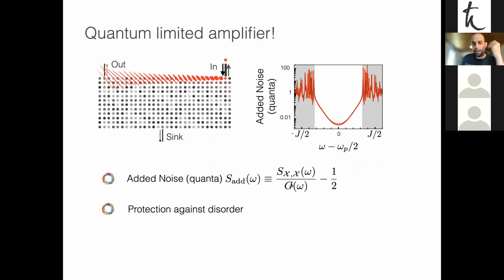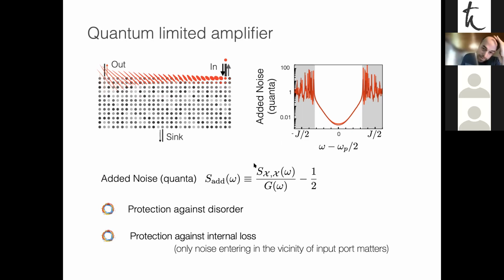If I divide by the gain and subtract the zero-point fluctuation, I get what I add, and this added noise can be as small as zero. In my case, the added noise can be as small as zero in units of a quantum of noise. And you see here it is very small, and it's robust. If I add disorder, I get the same result.